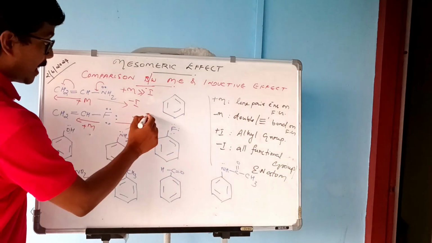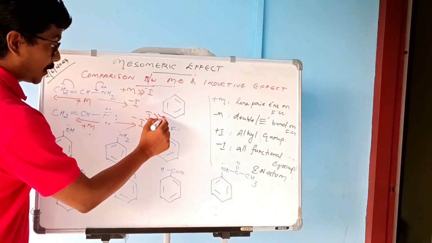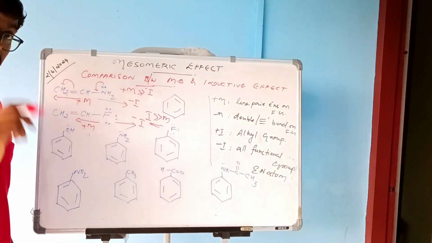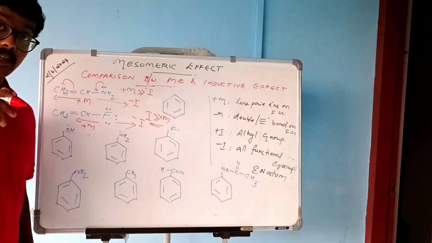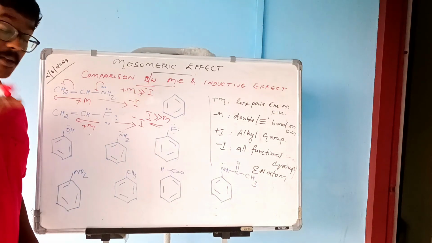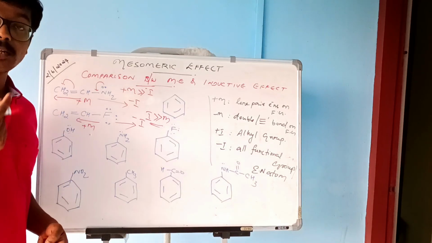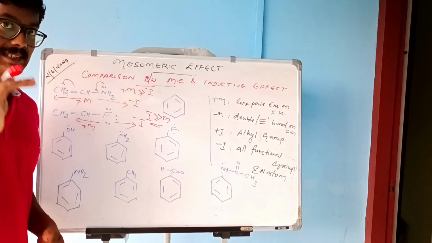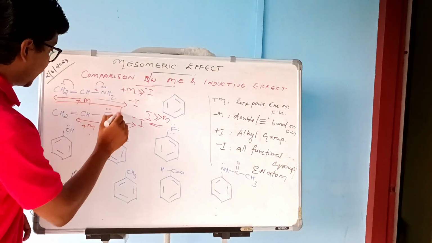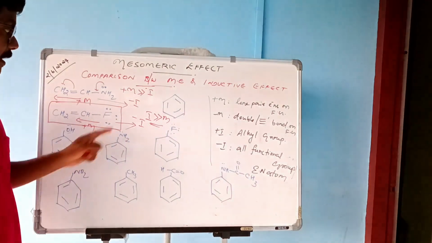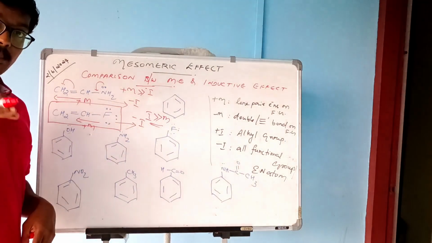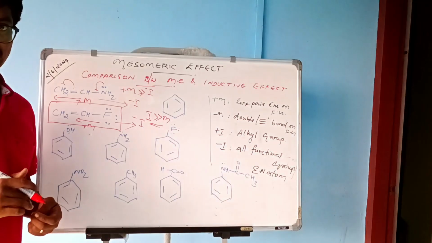But here, I dominates over M. So you should remember that when a halogen functional group is attached to a conjugate system, the inductive effect dominates over the mesomeric effect. This is an exceptional case. In all other cases, the mesomeric effect is dominant over the inductive effect.